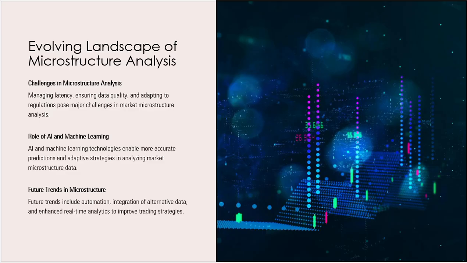Future trends include increased automation, more and more automation is upcoming in the future, integration of alternative data sources, and enhanced real-time data analysis. So real-time data analysis will happen. There is a huge role of API integrations, and quant researchers must stay aware of these developments to maintain a competitive edge in the fast-paced world of high-frequency trading firms.